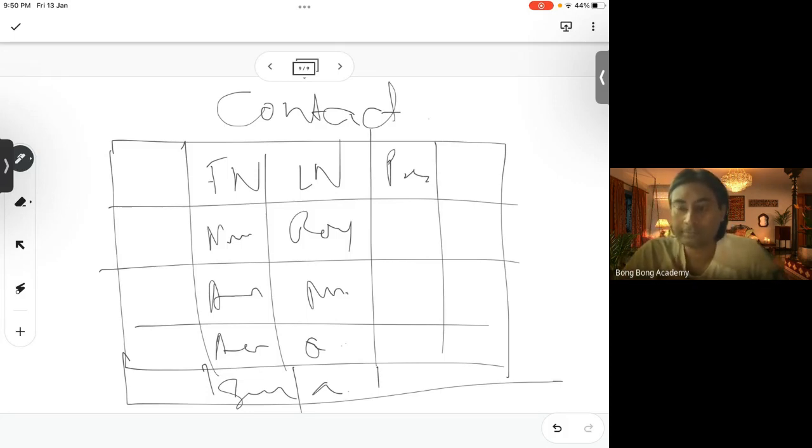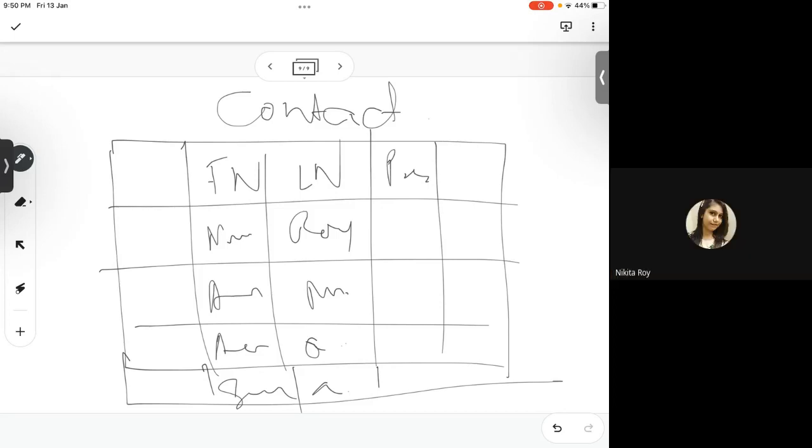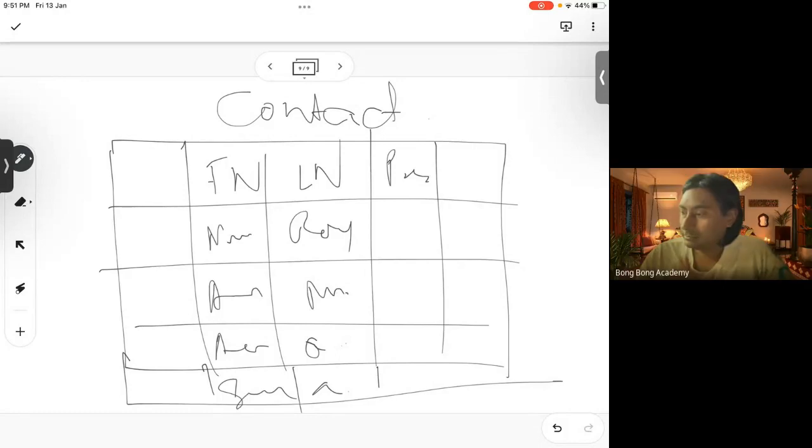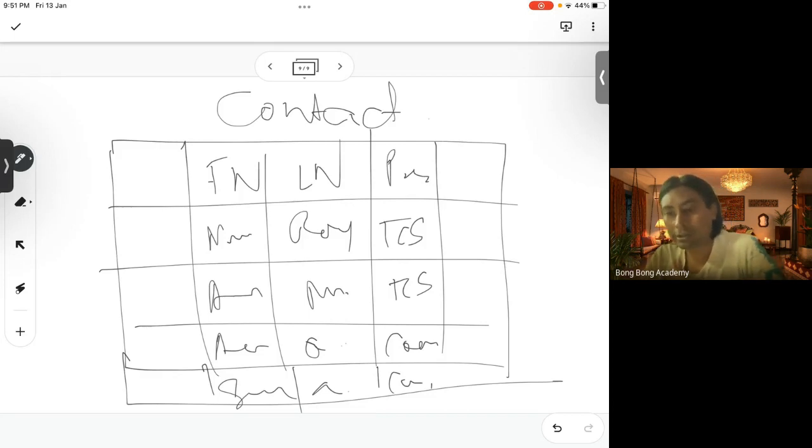How will I know it? So we have to create a relationship between account and contact, so that we can relate the particular contact to that particular account. Clear? So we have to know that these two are TCS and these two are Cognizant. Otherwise, you will store all contacts here, but you do not know which company they belong to.